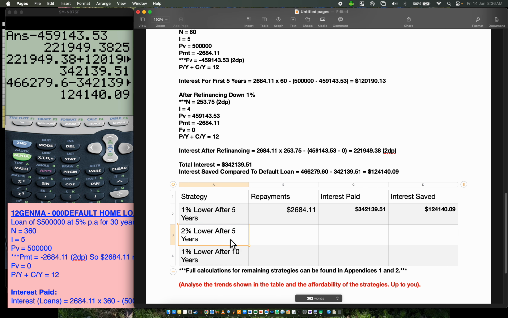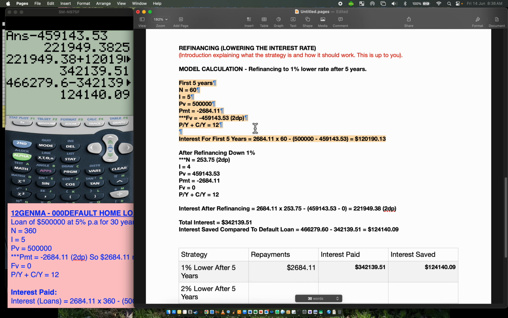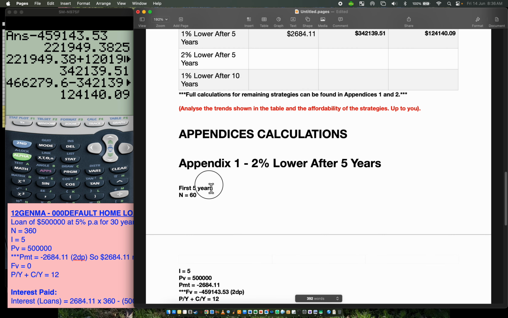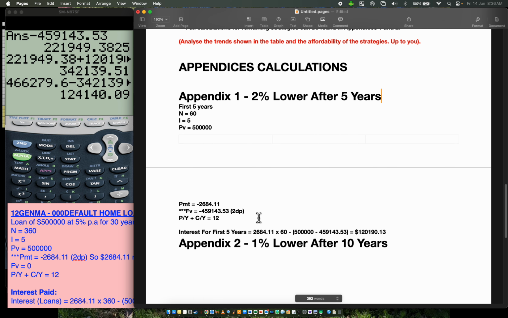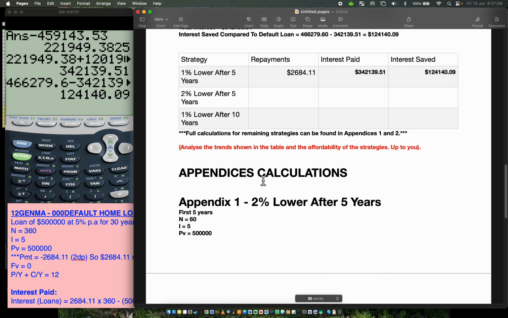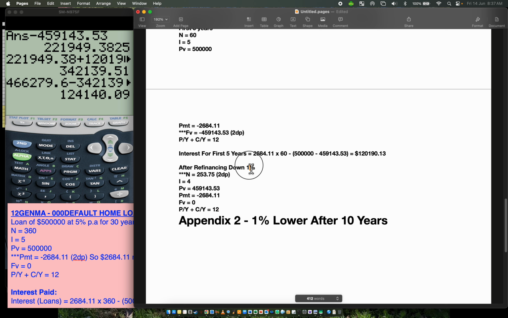So this 2% lower after 5 years, that's the same timing as this. So I already have the maths for the first 5 years. So literally, I could go first 5 years for 2% lower after 5 years. Literally the only difference would be, I would only want to copy this in the appendix calculations, and it's going to be down 2%. So I should delete that.